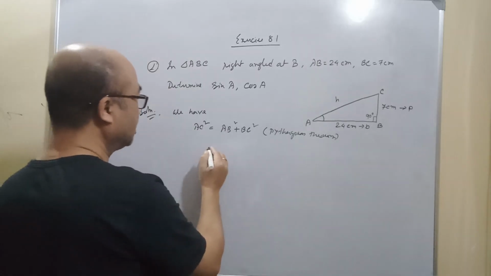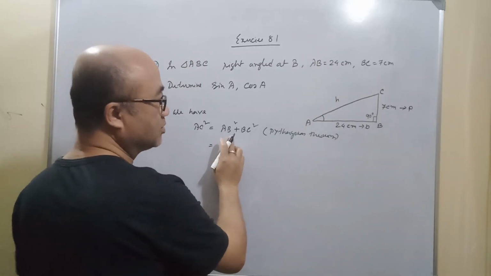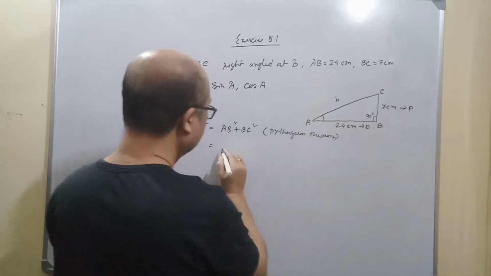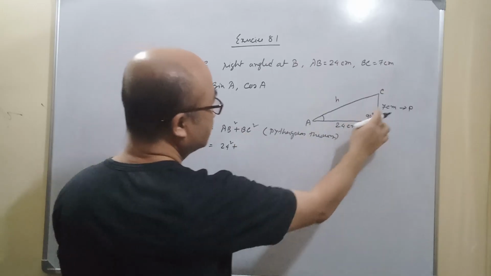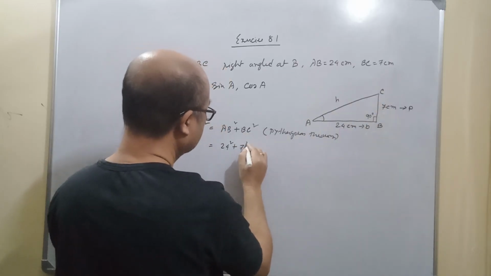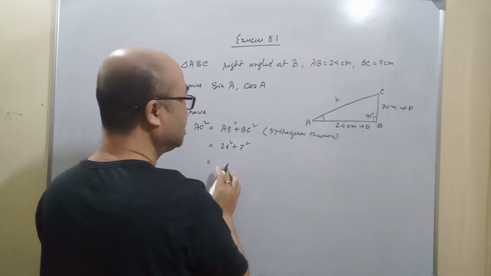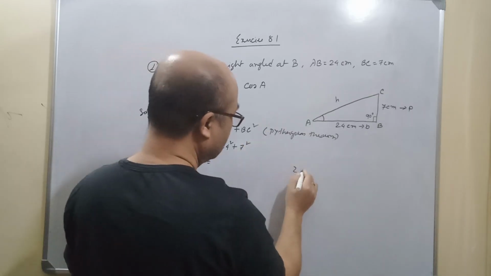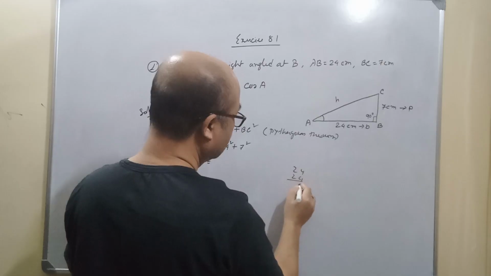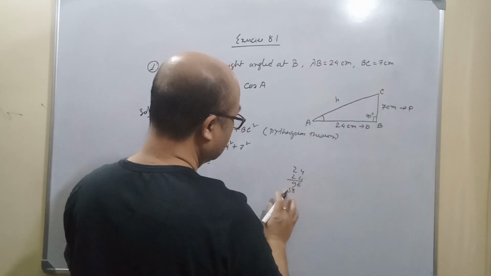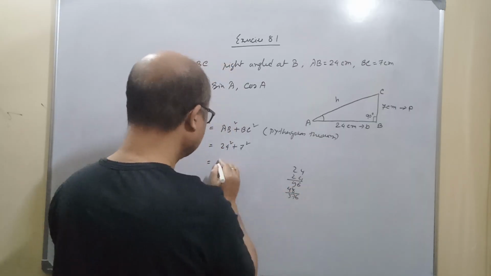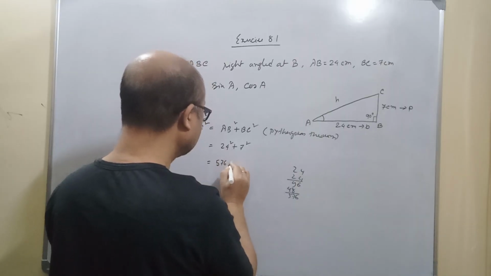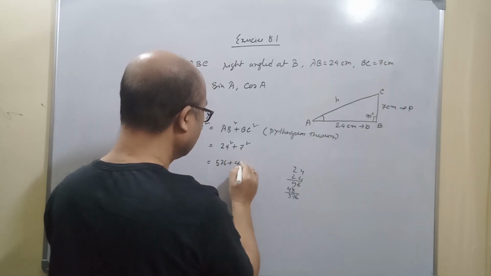So by Pythagoras theorem we have AB square. What is AB? It is 24. So 24 square plus BC, this is 7. So 7 square. What is 24 into 24? 576. 576 plus 49.